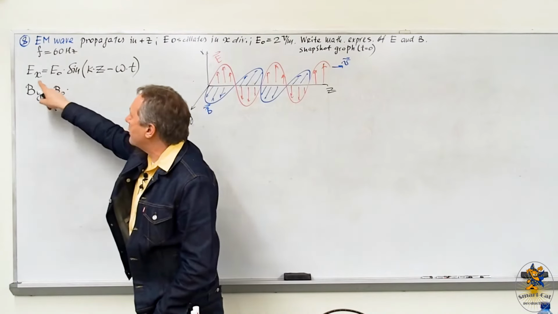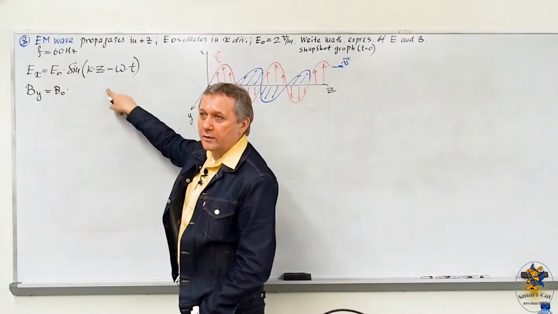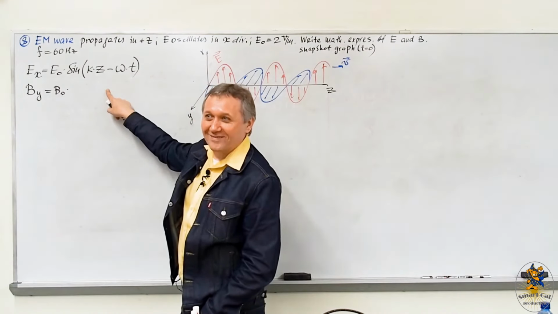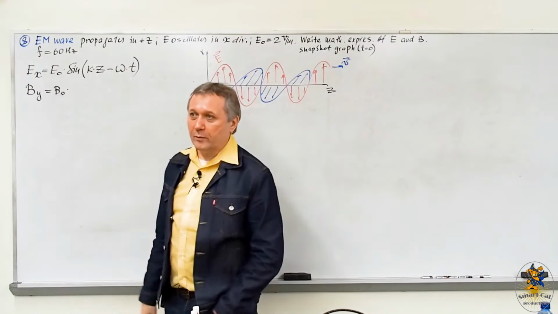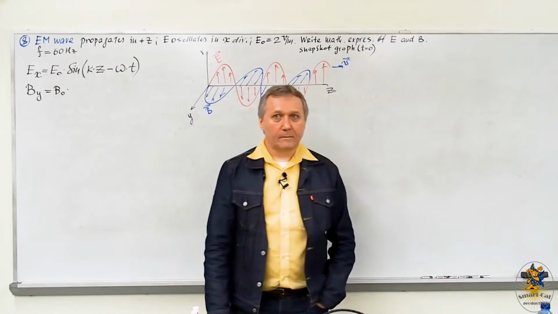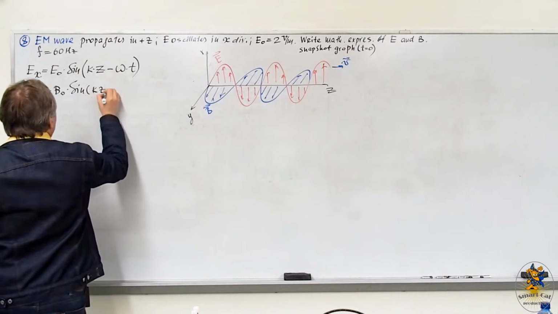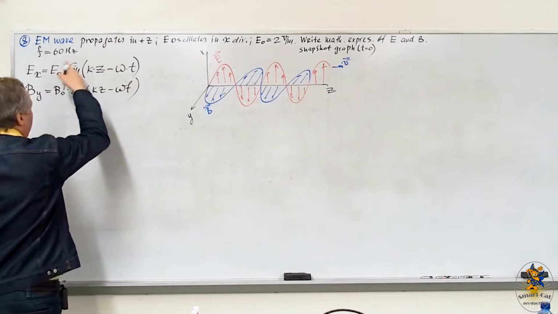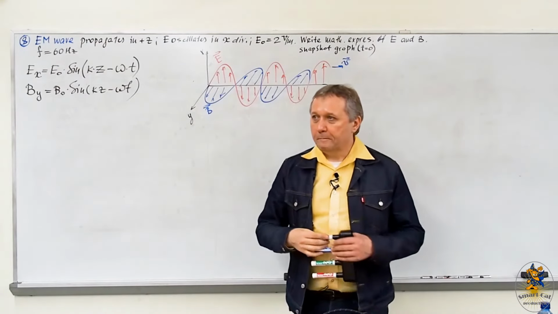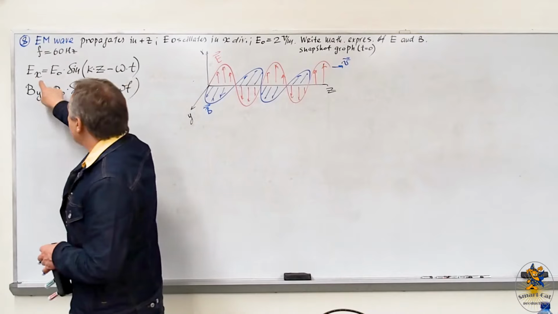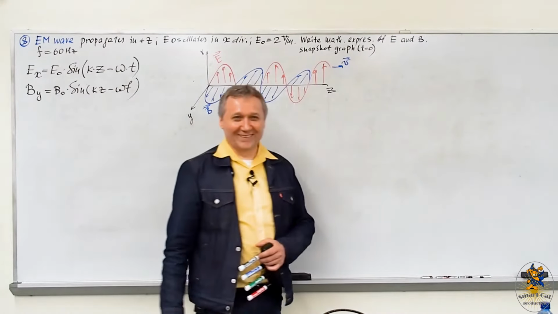If you have an expression for the electric field, for the magnetic field you just need to copy and paste. So this part, sine of kz minus omega t, is exactly the same over here, all the time. This part is exactly the same all the time in an electromagnetic wave. So pretty much differences only in the subscripts, amplitudes, and of course instead of E you need to write B.